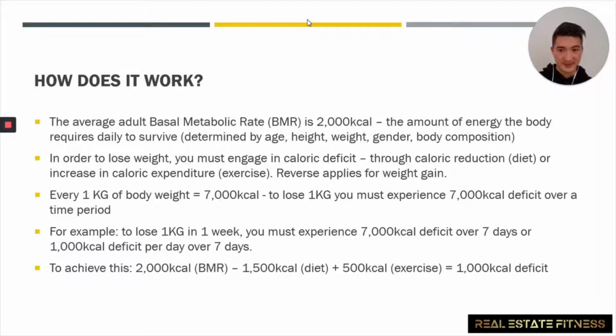To achieve this, if my BMR is 2,000 calories a day, and I reduce my caloric intake to 1,500, and I exercise to burn 500 calories, then I would have achieved a 1,000 calorie deficit.